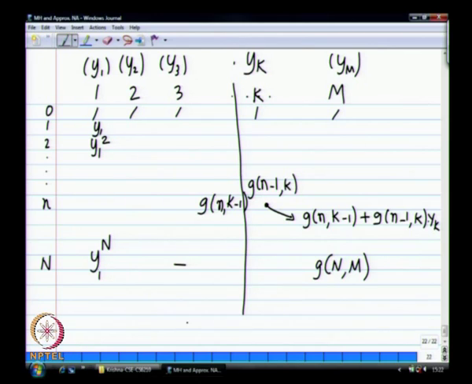And we also find that g n m is basically what we are looking for, g of n. So g of n minus 1, k, what will be the value? It will be y1 plus y2 here.